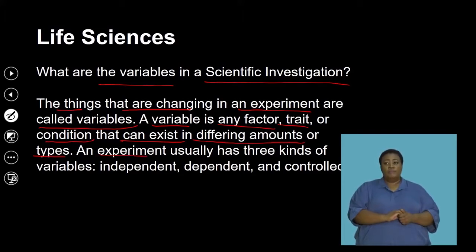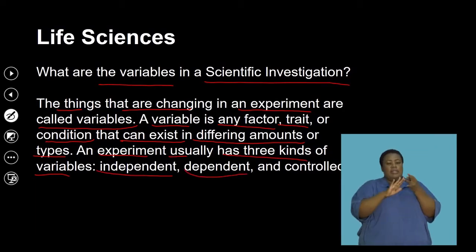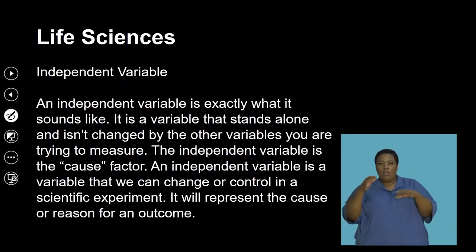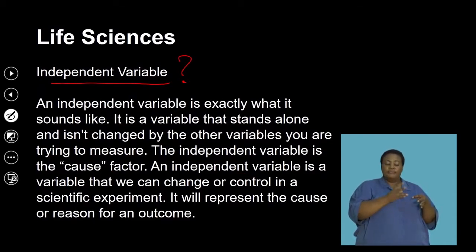An experiment usually has three kinds of variables. As I mentioned, the independent, the dependent, and the control variables. And so we're going to unpack these as we get into the next slide. So the question is, what is the independent variable? Again, I'll explain this once we get through this slide.